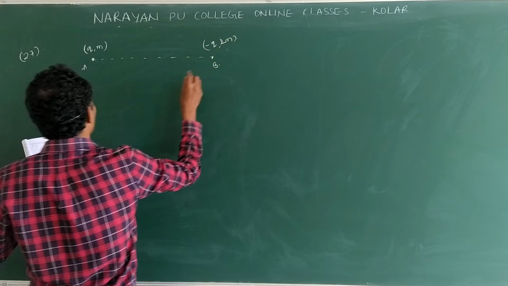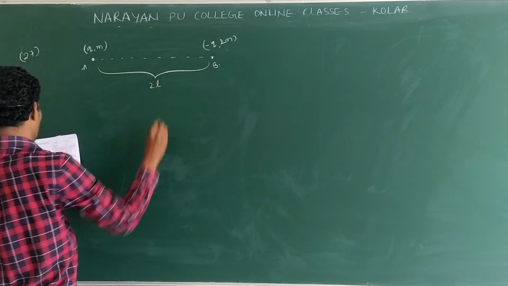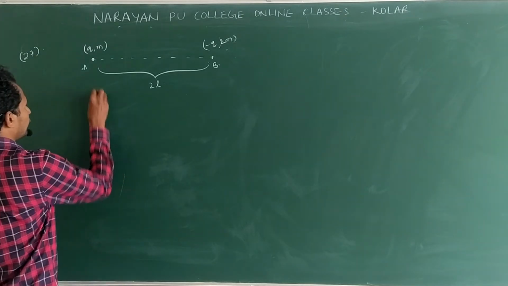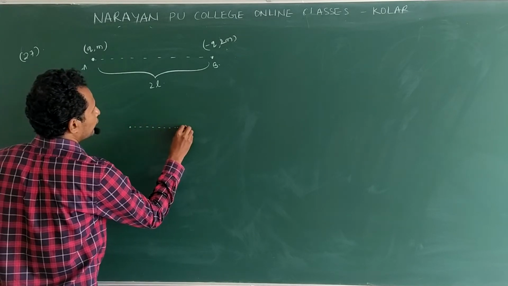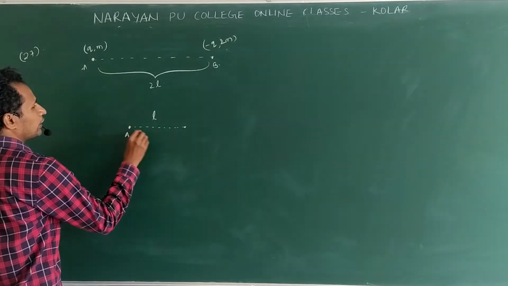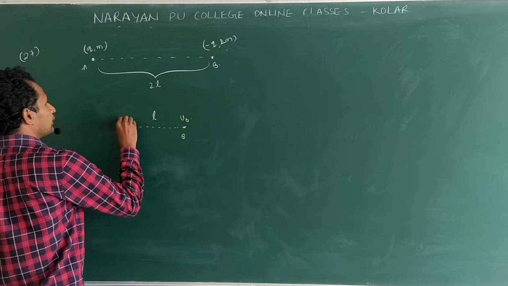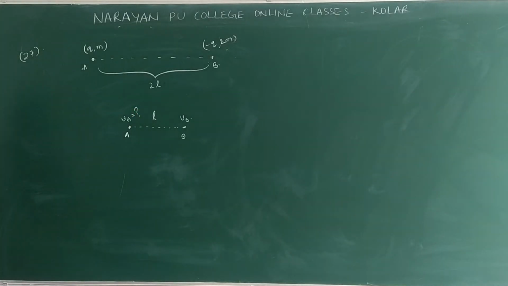This is B. The initial separation between them is 2L. Then they are asking the speed of A when the separation between them is reduced to half. Reduced to half means the separation will become L. This is A and this is B. Let us say this is VB and this is VA. VA they are asking. Clear?